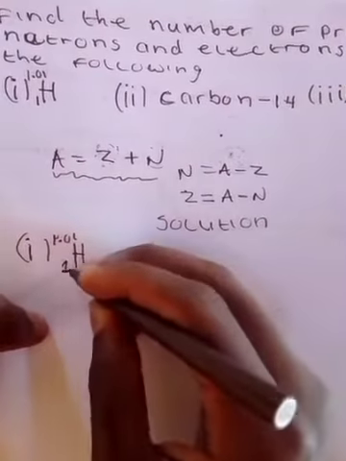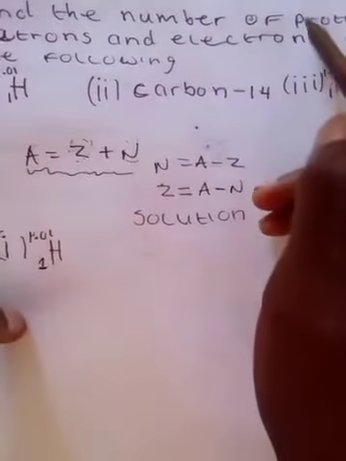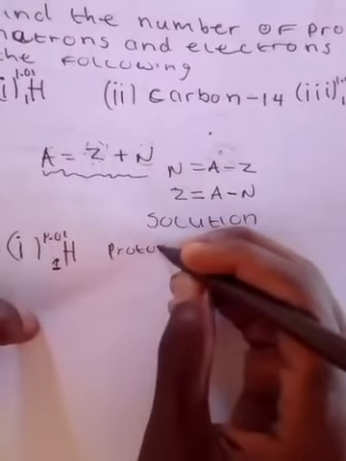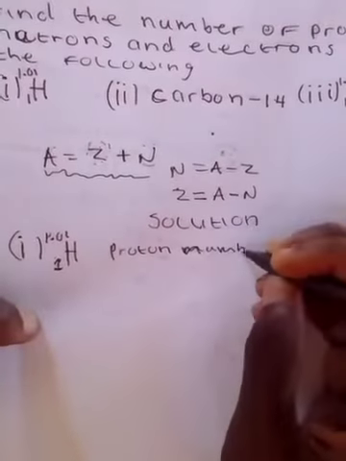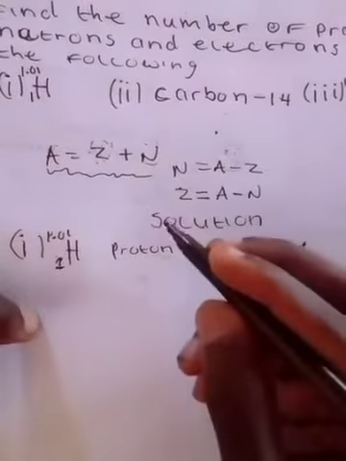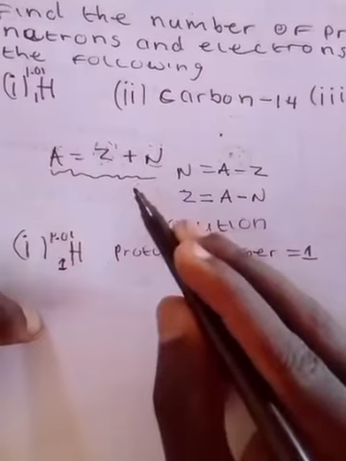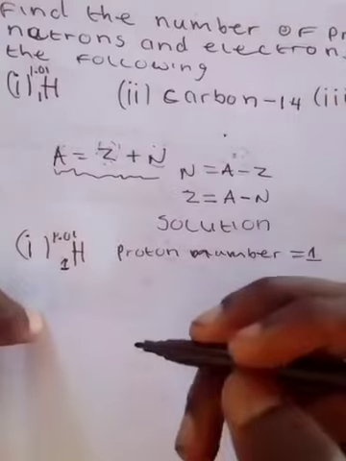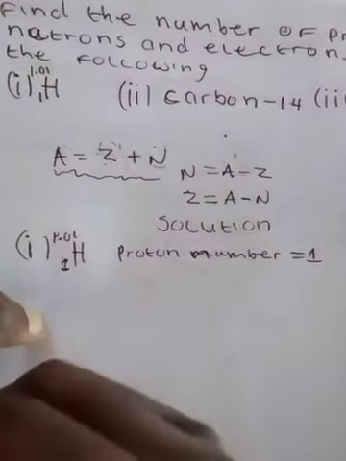The proton number is just 1, so we say the proton number is 1. Okay, 1 proton, because protons are always the same. They don't change. Remember, I explained that they don't change. Only electrons change. Whether it has lost or gained an electron, the proton number and the mass number, the neutron number, won't change.